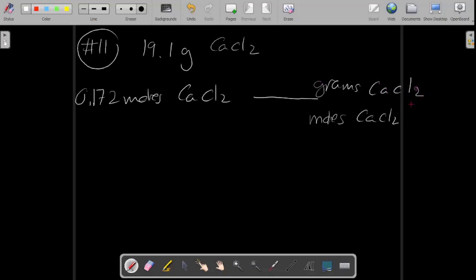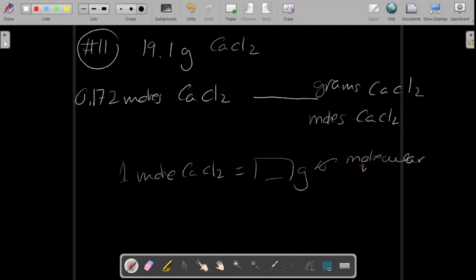But to be able to do that, I need a conversion factor. And this is the thinking process. I know that in 1 mole of calcium chloride, it's going to be the same amount in grams as these grams come from the molecular mass of that molecule. This is the conversion factor that I need.